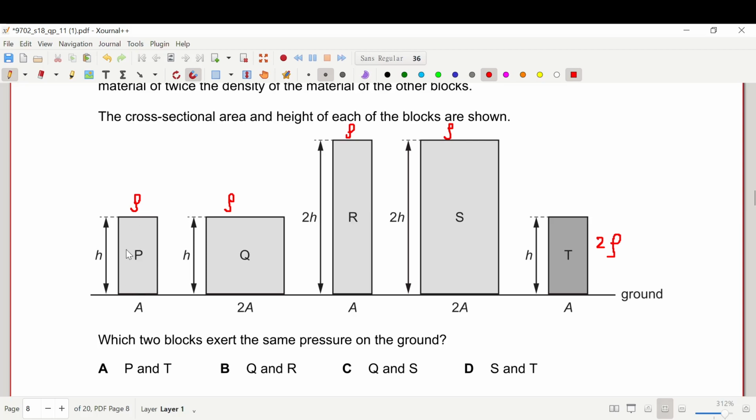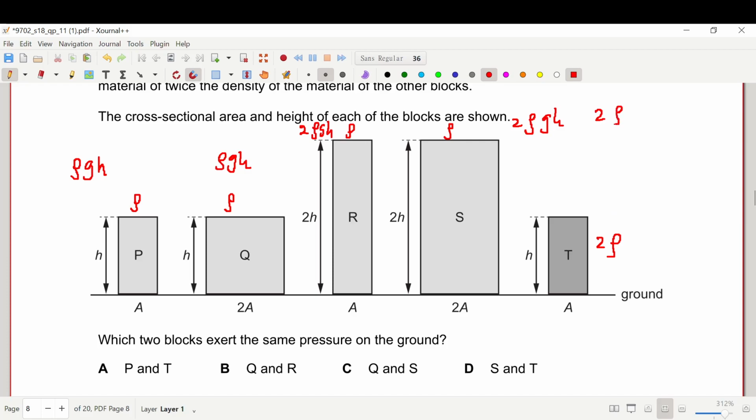Okay, first we go with our normal analysis. Pressure is rho G H, and this is again rho G H. This is rho G 2H, 2 rho GH, and this is also 2 rho GH.